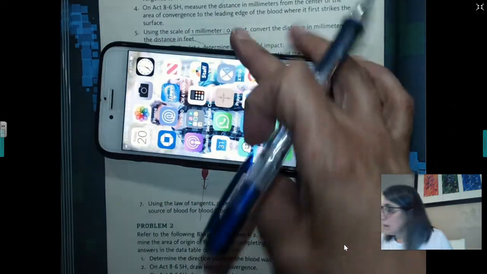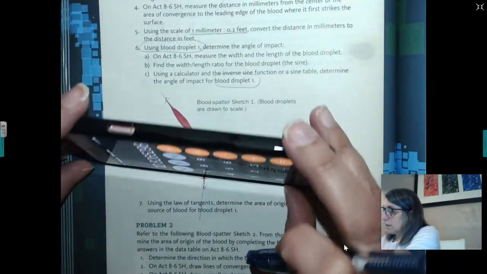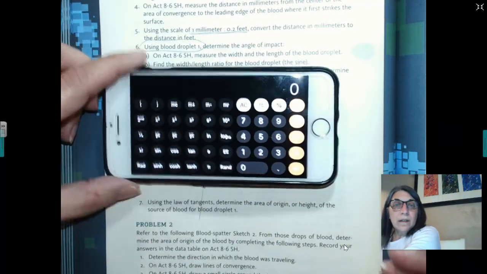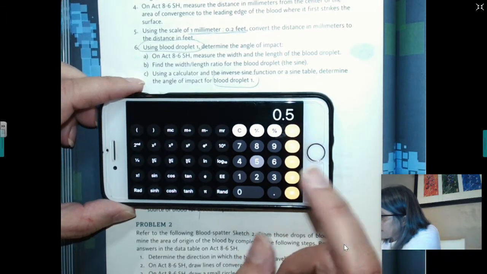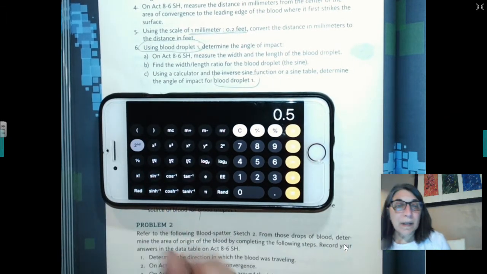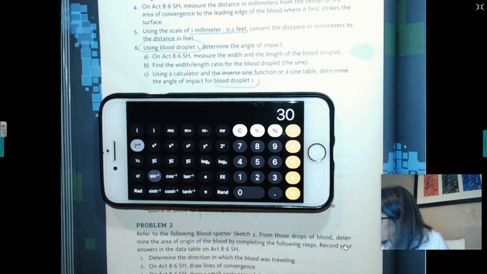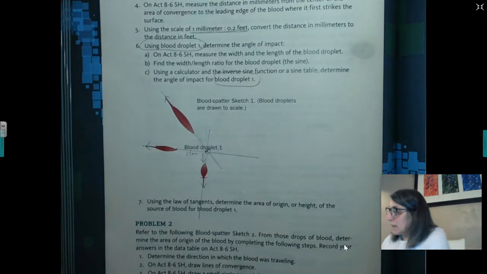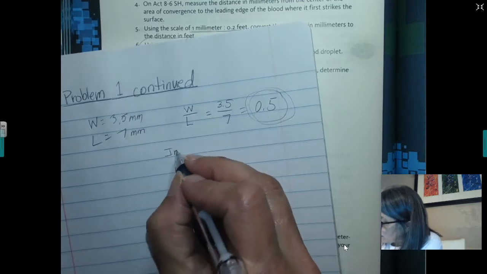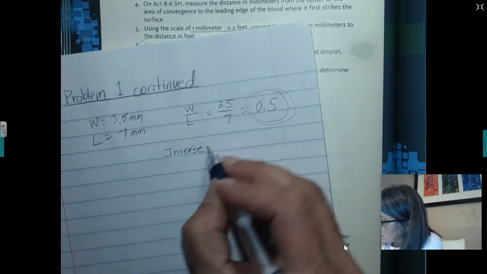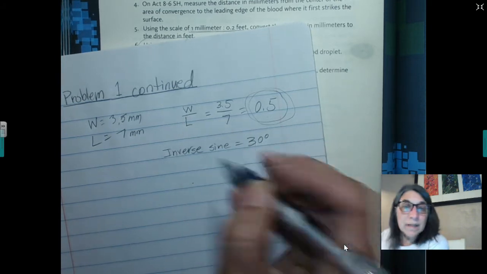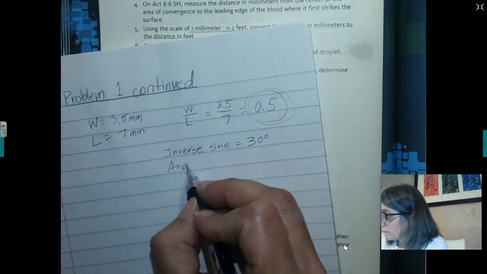It's easier. Okay, I'm going to open up my calculator. Where's my clear? Okay, I'm going to put in 0.5. I'm going to do the second button so that I have the inverse sine button. Hit the inverse sine, and it's 30. So 30 degrees is what I need to know. Okay, the inverse sine is 30 degrees. So that is my angle of impact.